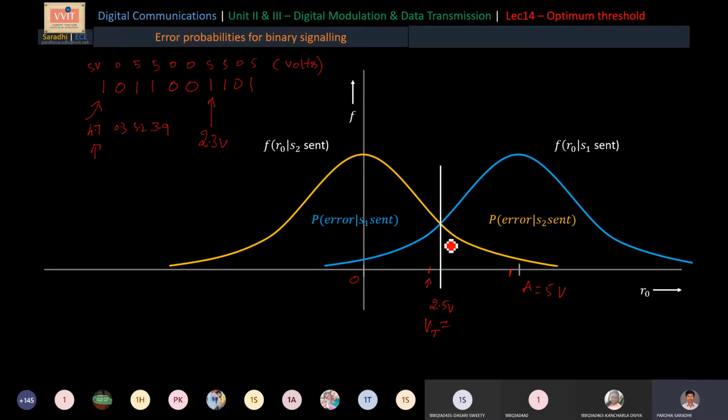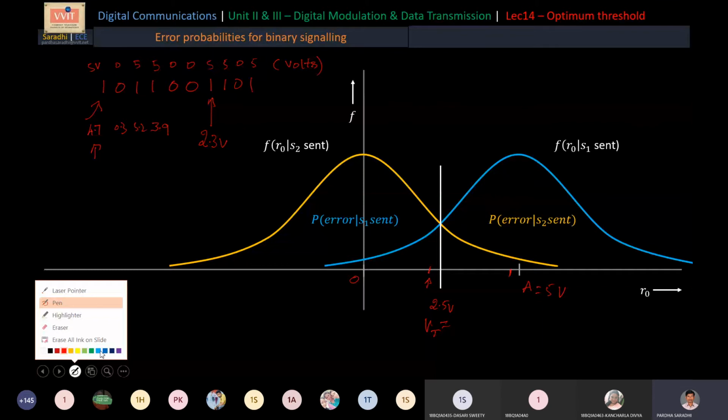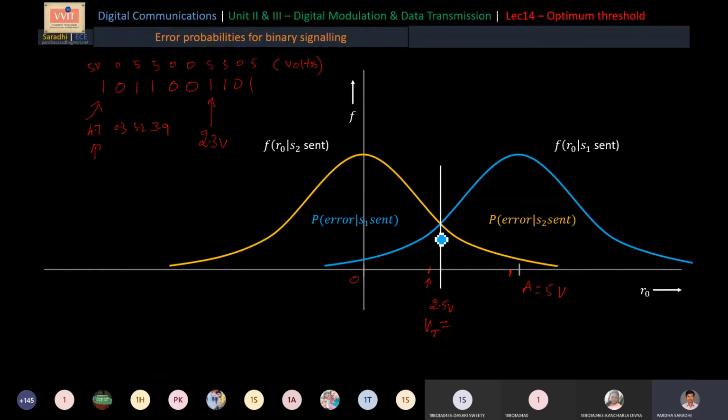The error is occurring because this conditional PDF is extending over here. It is coming into the region to the left side of the threshold. So obviously, the value of error is calculated by integrating this portion, right?